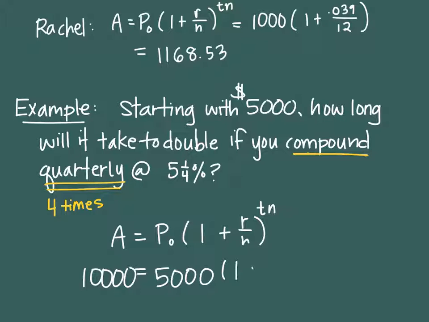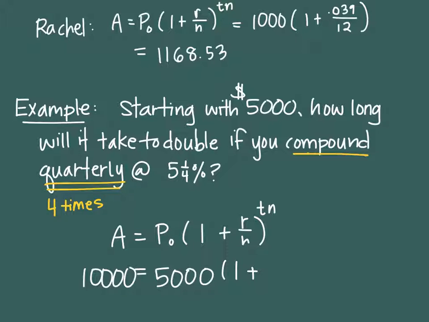Then we're going to have 1 plus. The r is 5 1/4. So how do you turn that into a decimal? Let's take a look at that. 5 1/4 is 5 plus 1/4, 5.25.